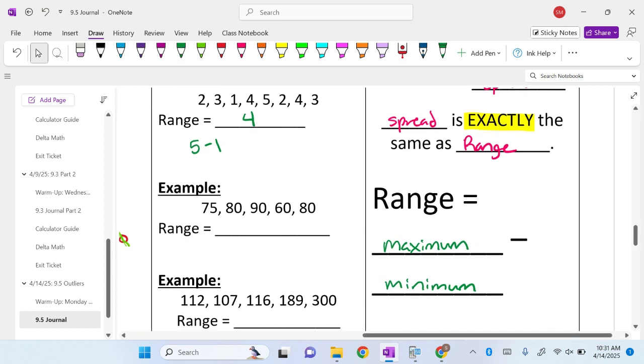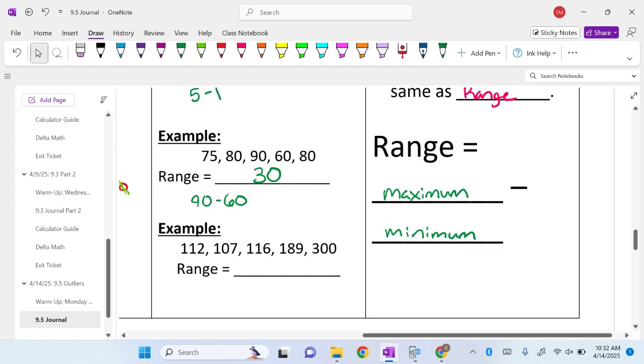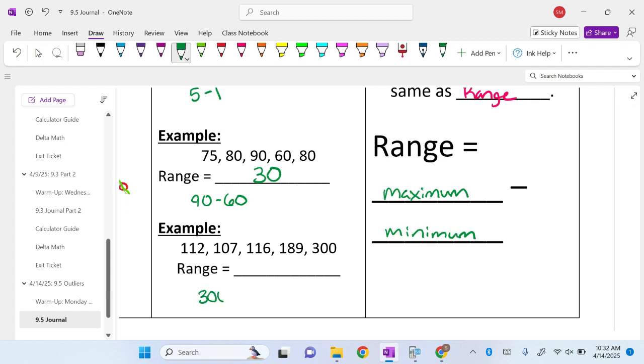What about the second example? 90 minus 60, which is 30. What about the last one? 300 minus 107, which is 193. So all you have to do is find the biggest number in your data set and the smallest number, subtract them, and that's your range, which is also considered your spread.